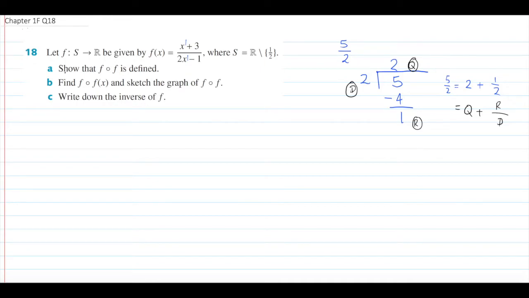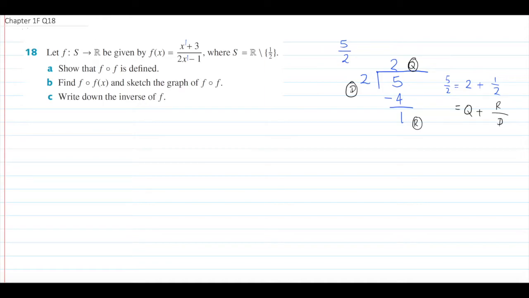Right. Part A, show that f∘f is defined. That means I want to put this function f(x) into itself, so every time I see an x, I'm going to replace it with this entire function. Moving on to question 18a: show that f∘f is defined. If you want to know whether a composite function exists or is defined, you need to use the golden rule.